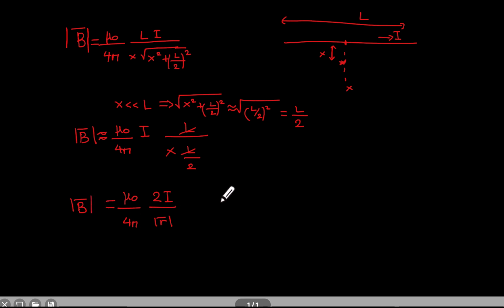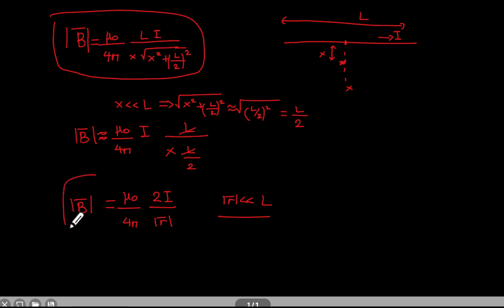So this expression is true if, I'm using R, R is much less than the length of the wire. If this assumption is not true, then you will need to go back and use the expression we derived in the different video that includes no such assumption for the distance from the wire.